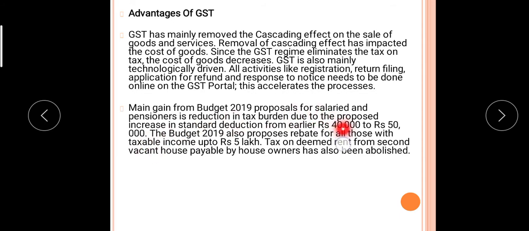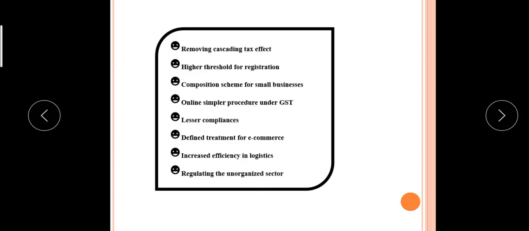So this is the extra information, means when the budget proposal came, how it is calculated. These are the important points. Just note this down in your notebook, and this is not in your syllabus, this is just for more information I am going to explain to you. So what actually are the advantages of GST, point wise, see here.